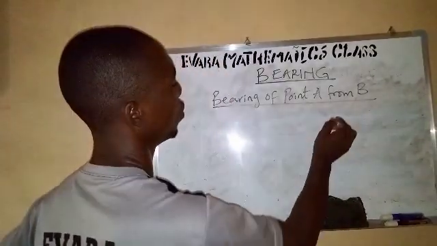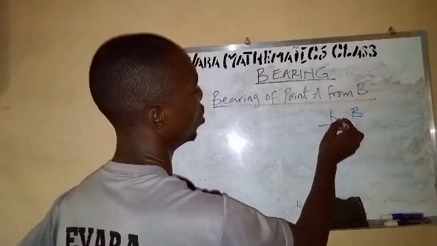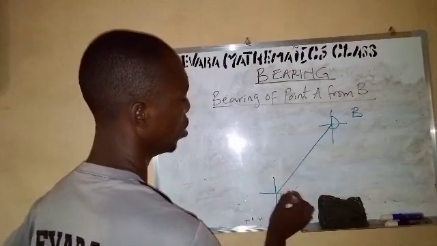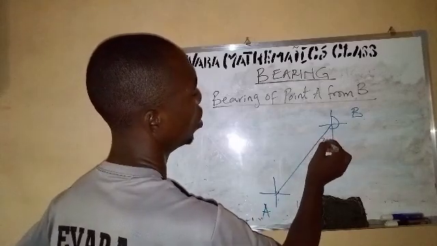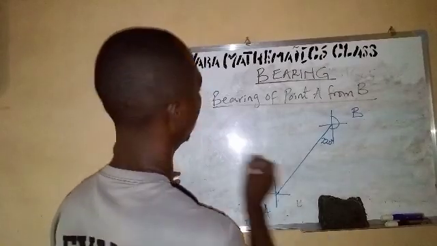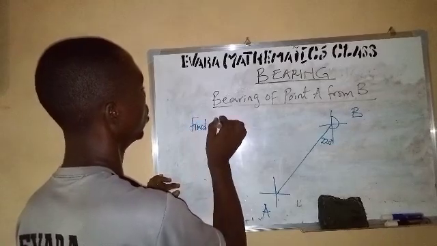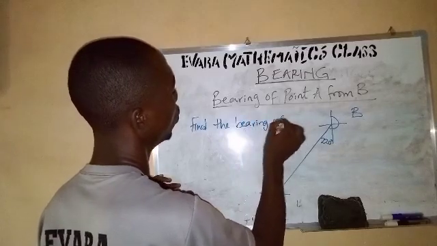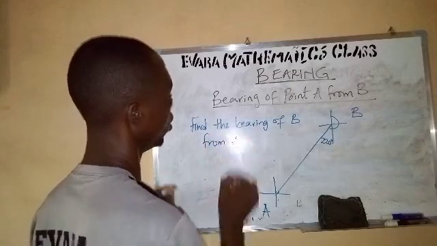You have something like this, and you are now asked to find the bearing of B from A.